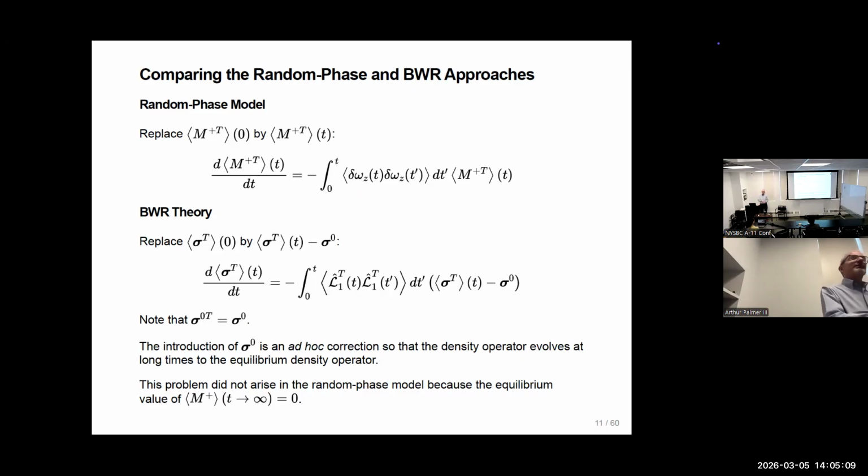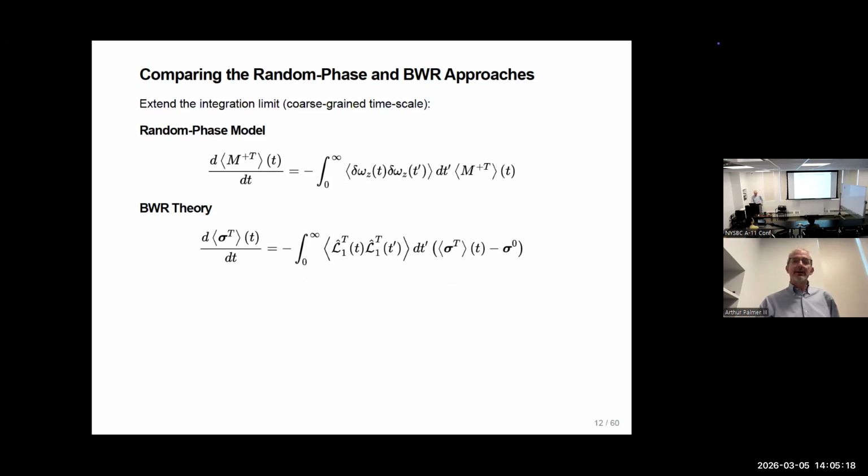But here, at Boltzmann equilibrium, there's Z magnetization, right? So we have to take that into account. And then we extended the upper end of the integral to infinity, again, on this coarse-grained time scale where we only care about times much greater than tau c. And here's our result.